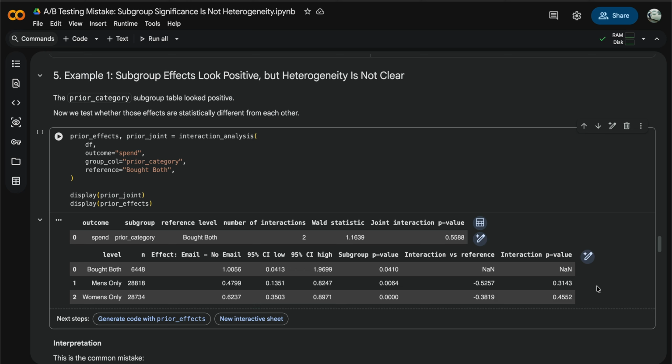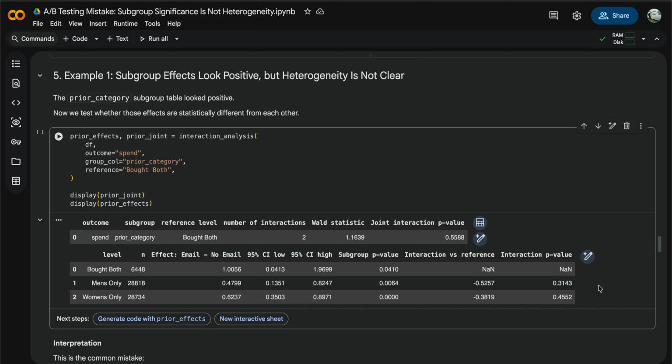And this is the key lesson. Subgroup differences are not the same thing as treatment effect heterogeneity. For example, right here, the interaction p-value is 0.3143.